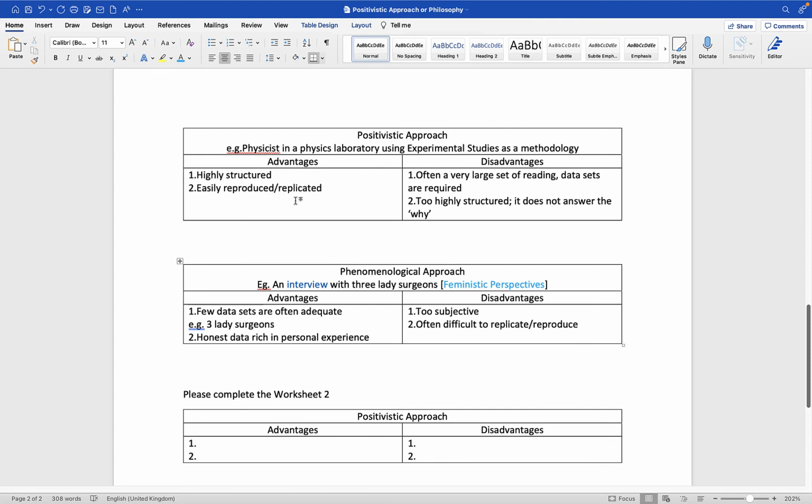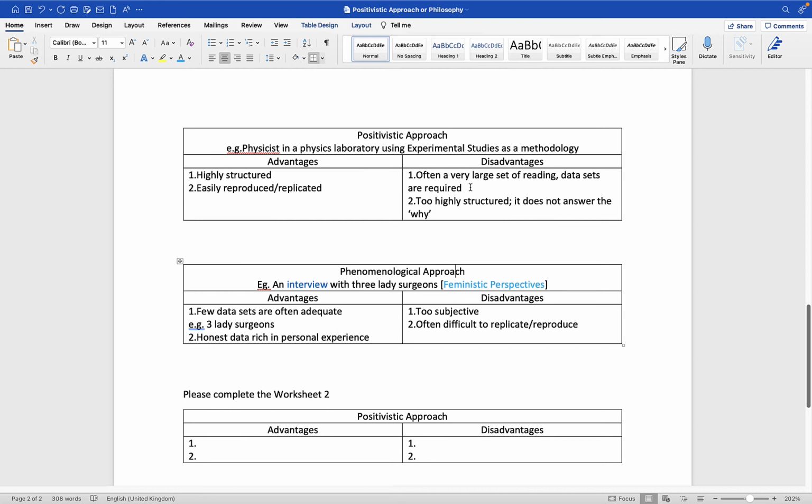So there are real advantages with the positivistic approach, but there are some disadvantages. If I were doing nuclear research, for example, or particle physics research, we have a major university research centre called CERN in Switzerland. And many of their positivistic research programs require thousands and sometimes tens of thousands of data sets.